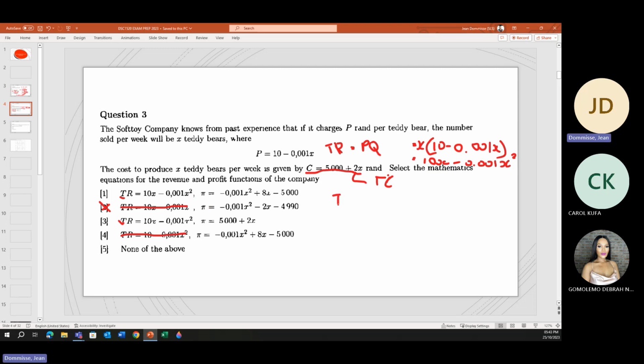So total revenue minus total cost is equal to your profit. So total revenue was 10X minus 0,001 X squared. And then we need to say minus the total cost.